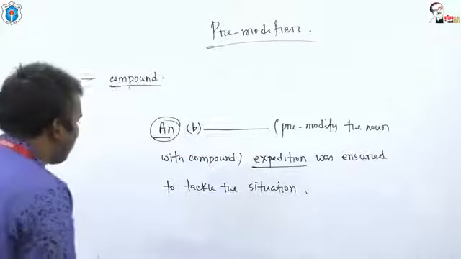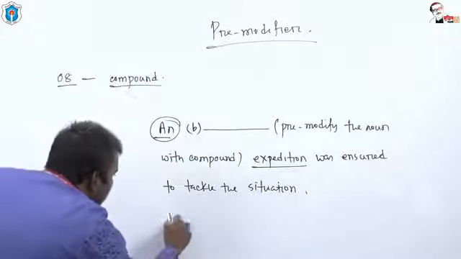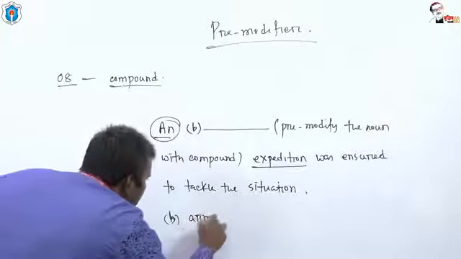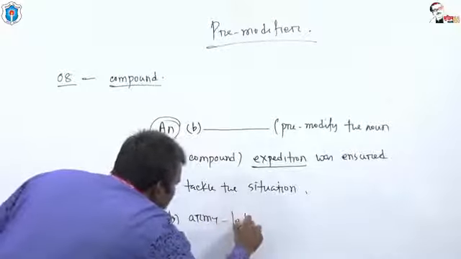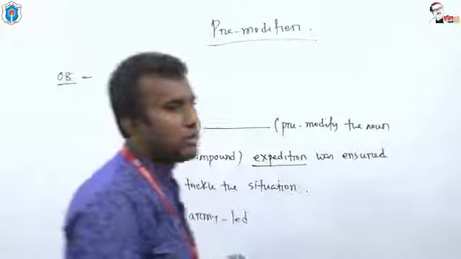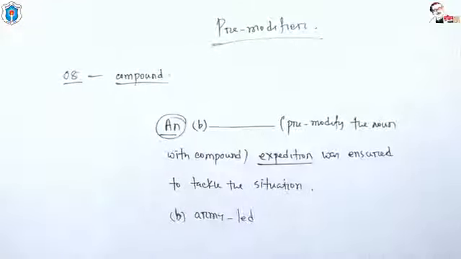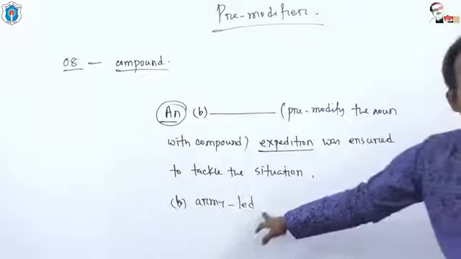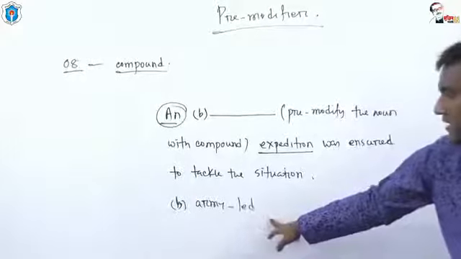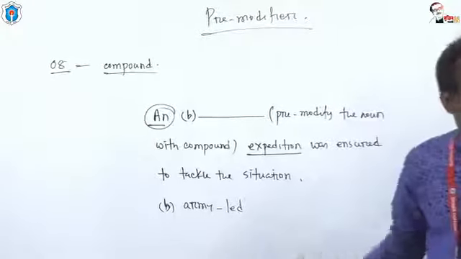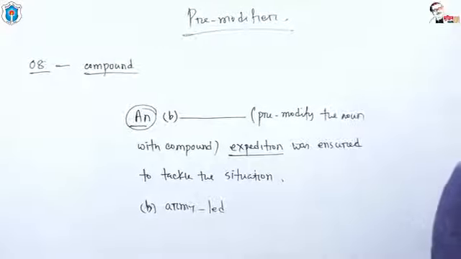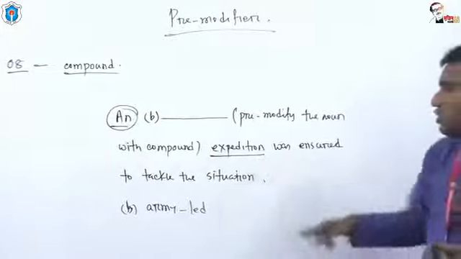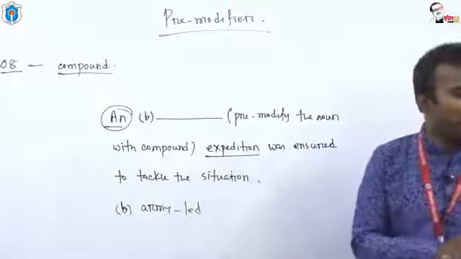Can I say this is the answer of question number B? Look at the board. I have written an answer. Army led. Army led means an expedition which was led by the army. Look at. An army led expedition was ensured to tackle the situation.